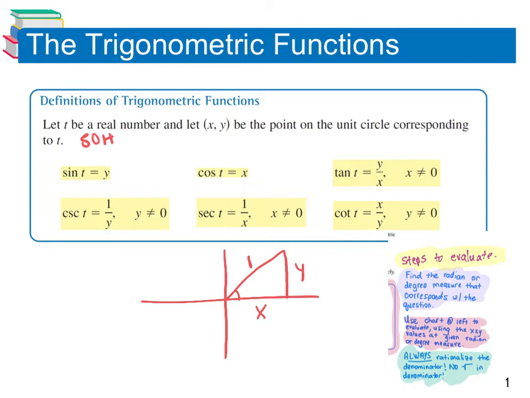It would be 1 over y. Cosine is adjacent over hypotenuse, so that would be x over 1, or just x. And then secant is the reciprocal of that, so we would flip it to 1 over x. And then tan is TOA, so opposite over adjacent, y over x, and cotangent would be the reciprocal of that, x over y.